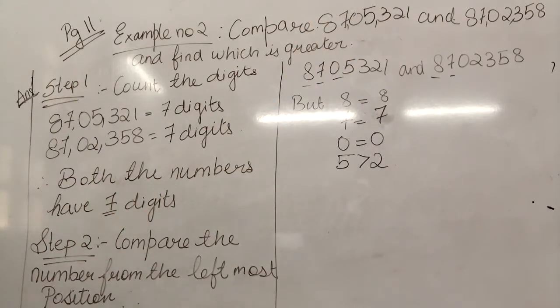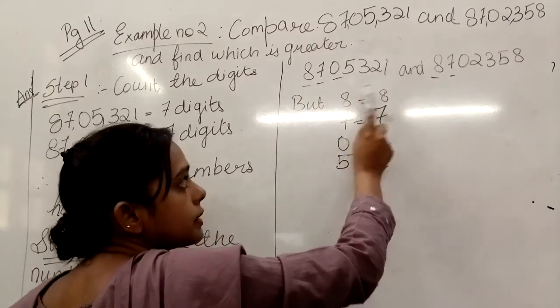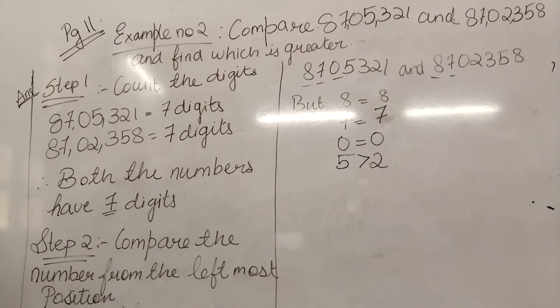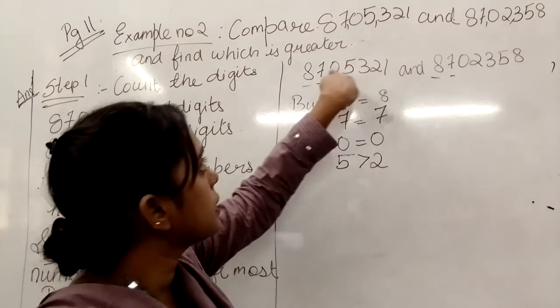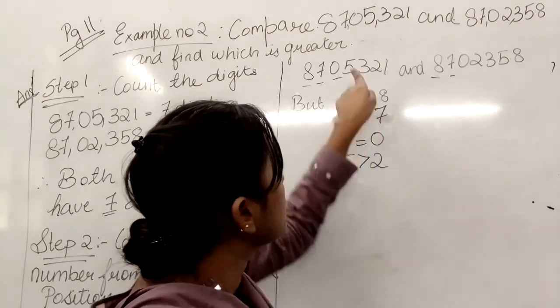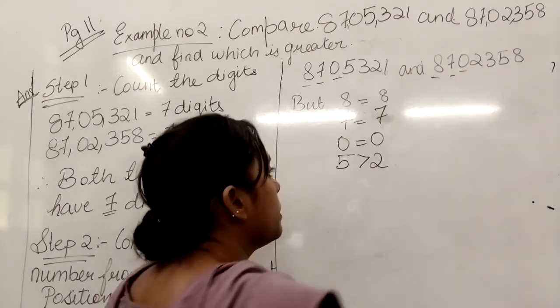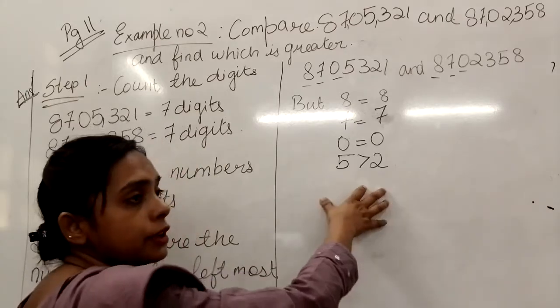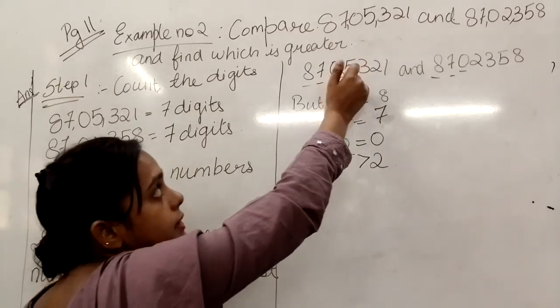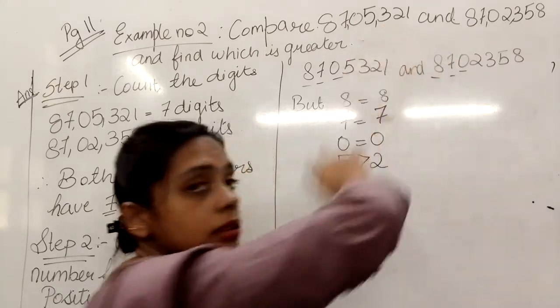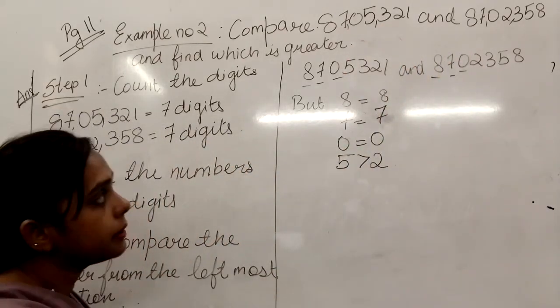Again look here at what we have done. We have started comparing the digits from the leftmost position. First we saw 8 is equal to 8. 7 is equal to 7. Then the next number is 0. 0 is equal to 0. Then the next number is 5 and the other is 2. But 5 is greater than 2. So here you came to know which number is greater.